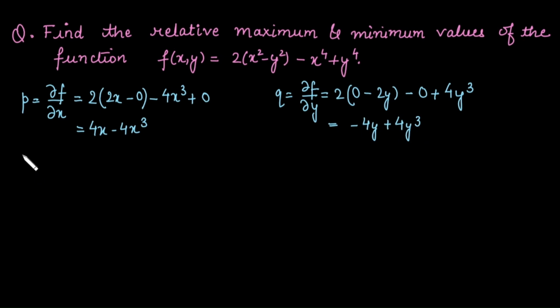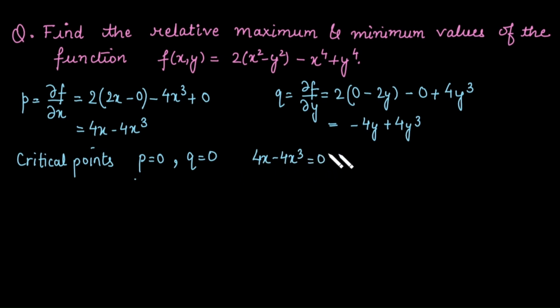Now find the critical points. Critical points are calculated by putting p equal to 0 and q equal to 0, meaning the partial derivative of the function with respect to x is 0 and the partial derivative with respect to y is 0. When you take p equal to 0, we have 4x minus 4x cubed equal to 0.